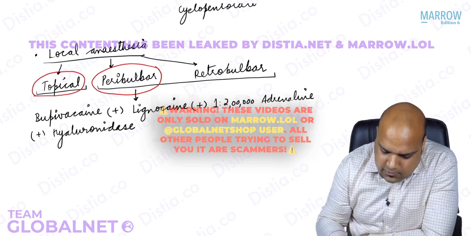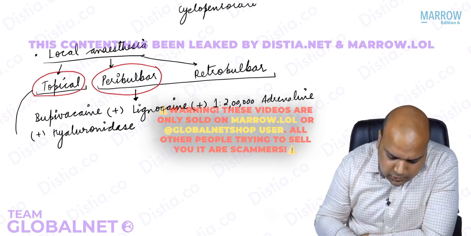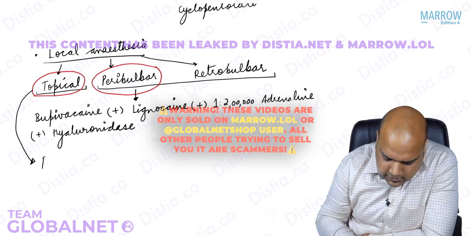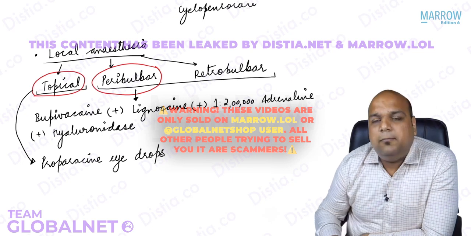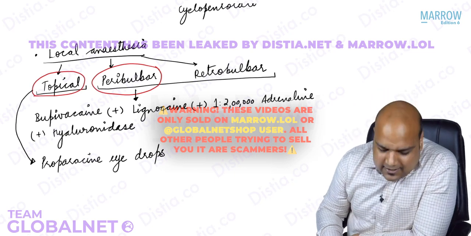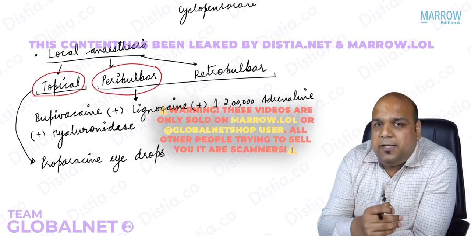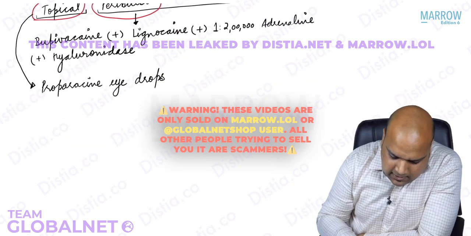So this is what is used in peribulbar block or peribulbar anesthesia. If we are talking about topical anesthesia, usually what is used is proparacaine eye drops. Okay. Are we clear about this, everybody? I hope there is no confusion in this. And that's your second pre-operative preparation that you need to do, everybody, apart from dilatation, local anesthesia.